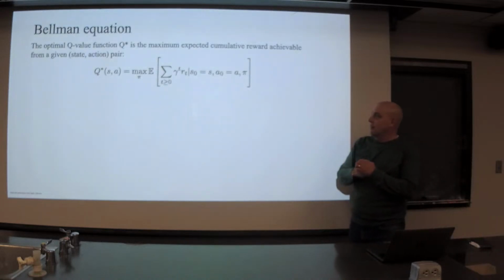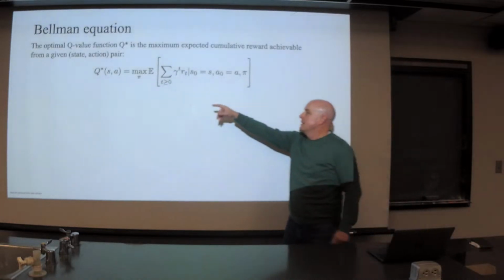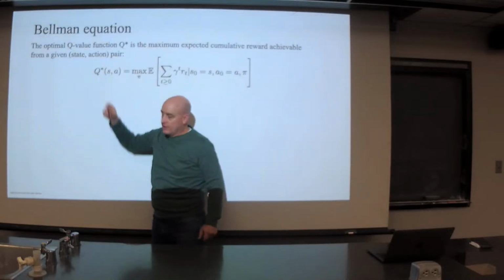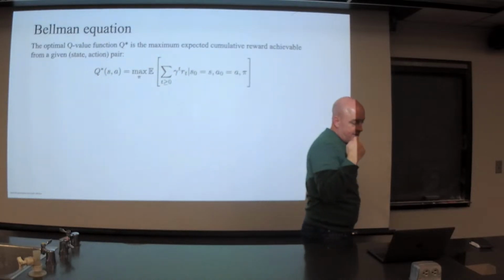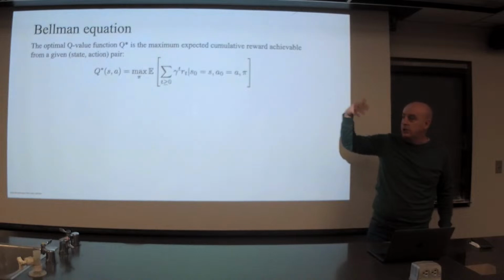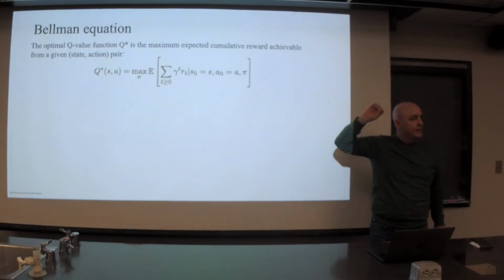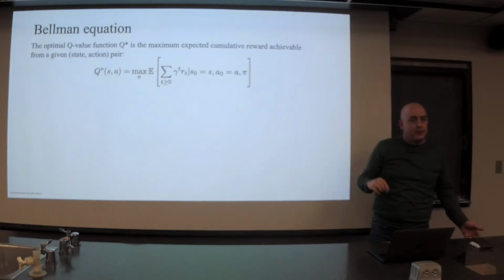So what's the Bellman equation? Whenever you see this asterisk here, Q star, this is the optimal Q value function. So assuming we have the optimal policy, this is the Q value function that is associated with that optimal policy.